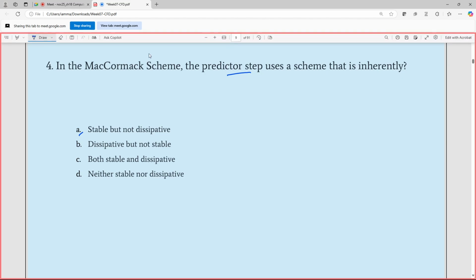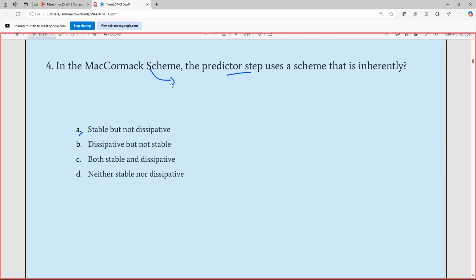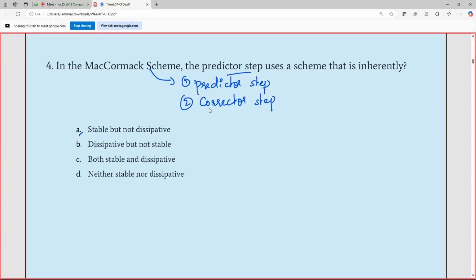So as we know, this McCormack scheme has two steps. The first one is the predictor step, and the second is the corrector step. So the question is on the predictor step of the McCormack scheme, and which quality the predictor step provides.